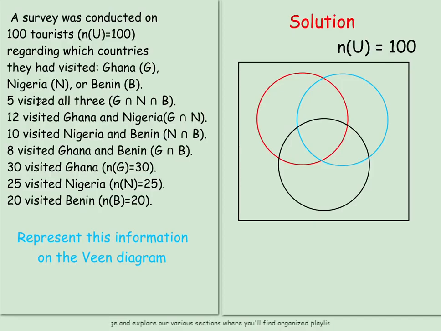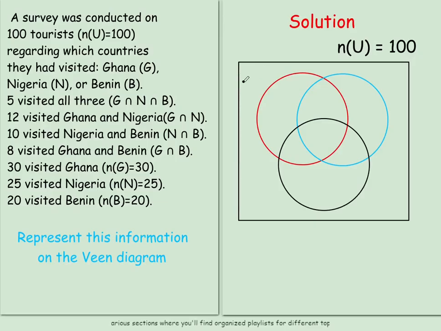Now, we know that 5 visited all 3. Before we put anything in there, since we have this information, that is what Ghana represents, what Nigeria represents, and what Benin represents, let's put them outside here so that it will guide us.